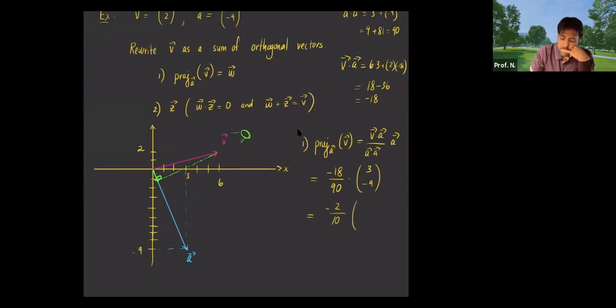This becomes 1/5 times 3, negative 9. 18 over 90, divided by 18, yes.